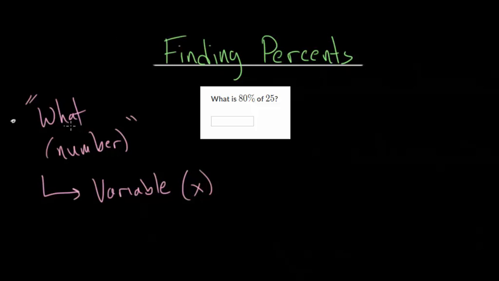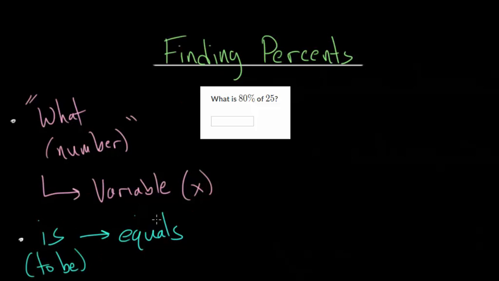So when you see what, think about your variable. Now, when you see is, that is your equal sign. So think equality when you see the verb to be. And it doesn't always have to be is, it could be was or were, but as long as it's that verb to be, then they're referring to equality.